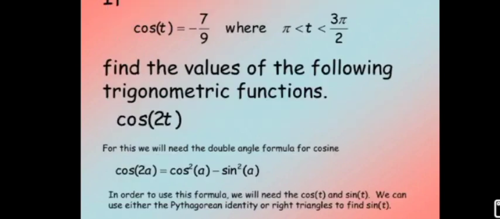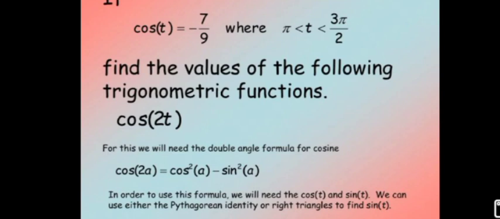If cos t is equal to negative 7 over 9, where pi is less than t less than 3 pi over 2, find the values of the following trigonometric functions: cos of 2t. For this, we need the double angle formula for cosine.